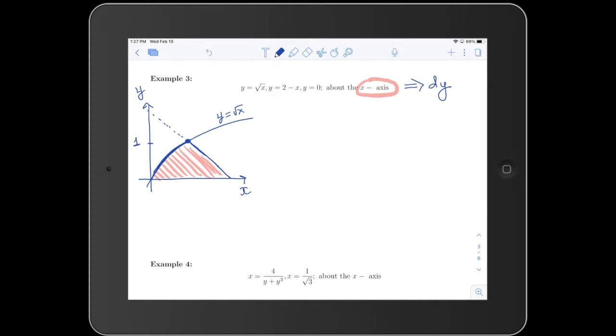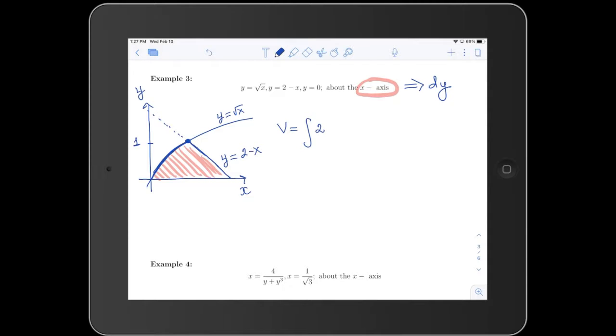This function right here is y is equal to 2 minus x. Right now everything is in terms of x. That's not how we need it, but that's all right. We can rewrite it in terms of y, but let's see the general setup. We'll figure out the limits as our last step.